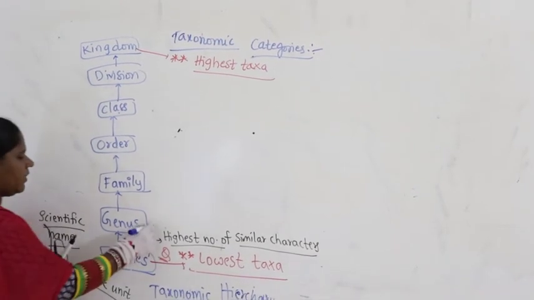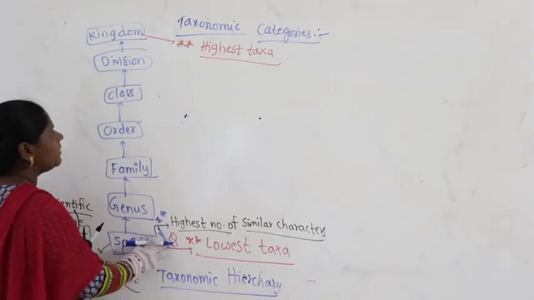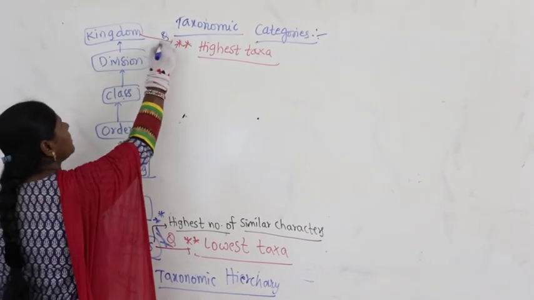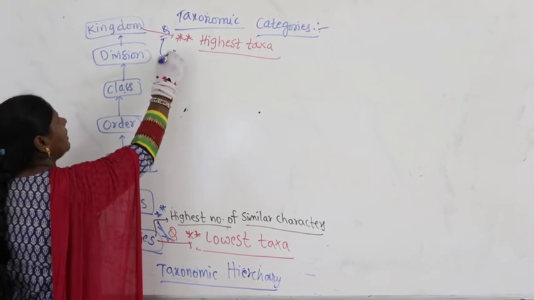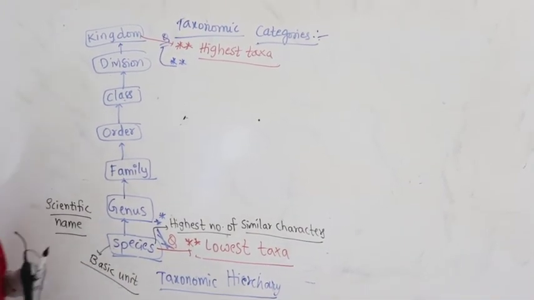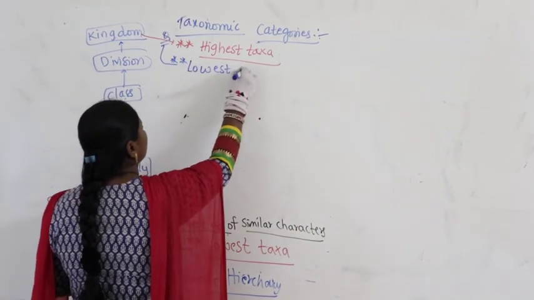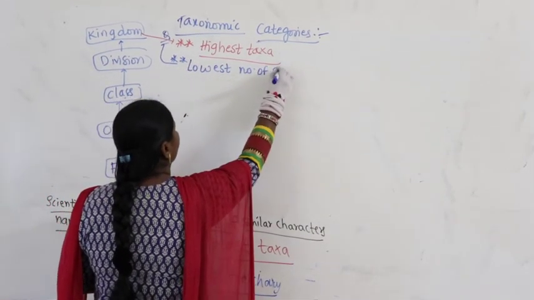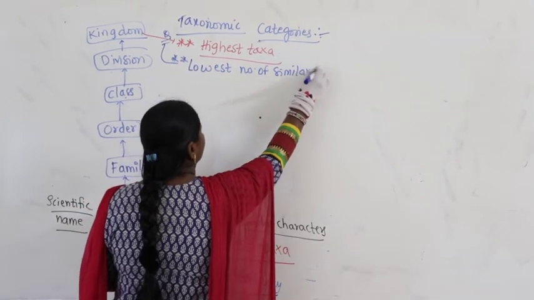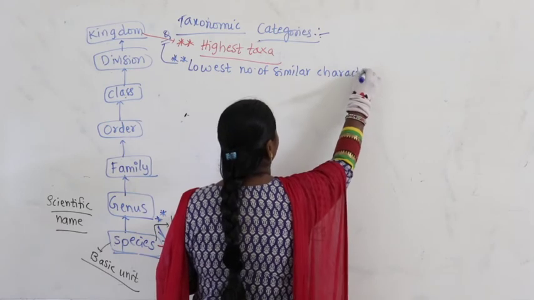But what is the other very, very important thing? All these possibility questions are there. Even this is a possibility of getting a question. Even though kingdom is considered the highest taxa, it shows the lowest number of similar characters.